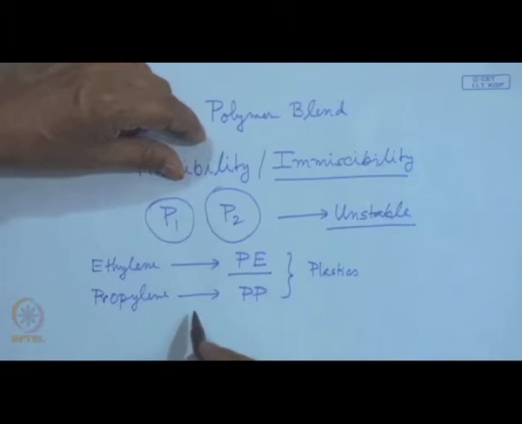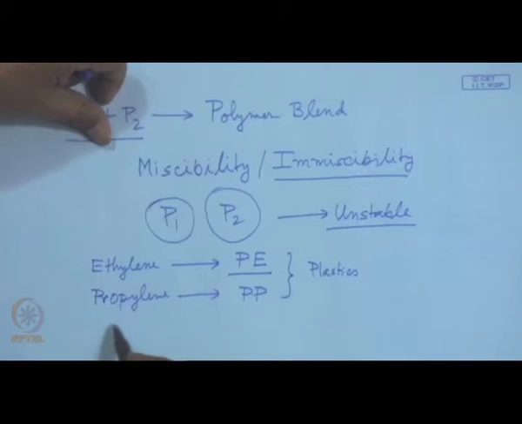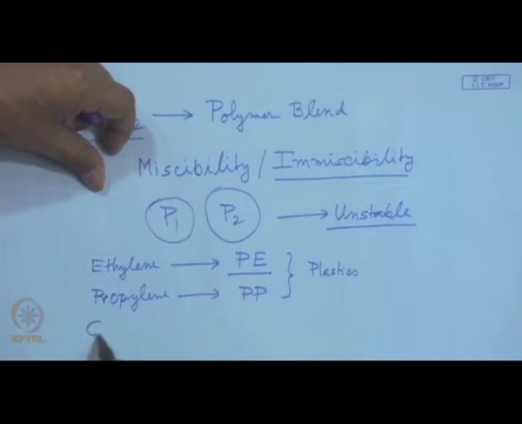As I mentioned, if we want to have multi-component polymers, that means in one polymer there can be more than one component. Say we want to have ethylene component in the polymer along with the propylene component. So, we can synthesize a copolymer of ethylene and propylene.